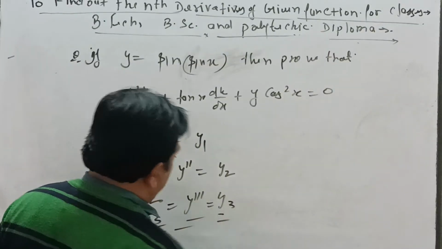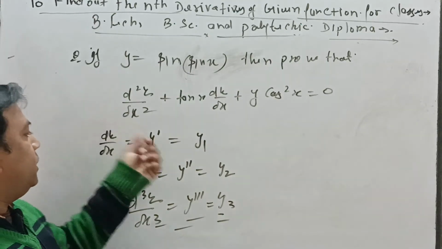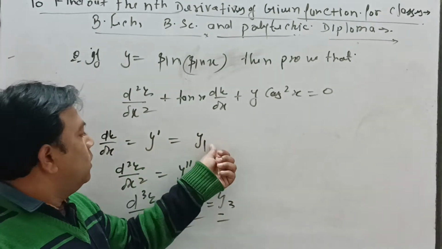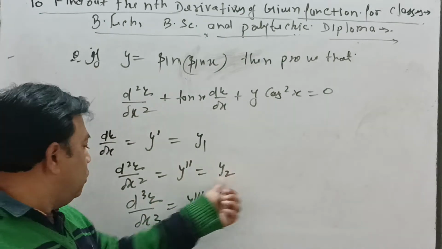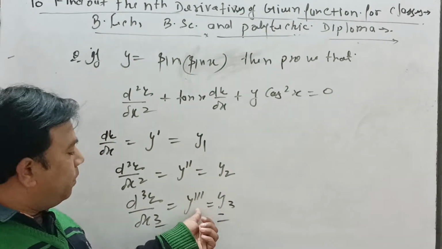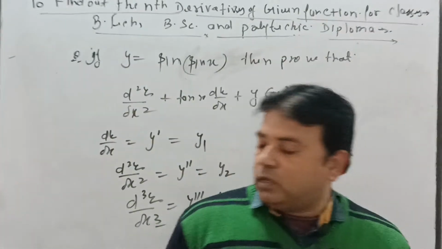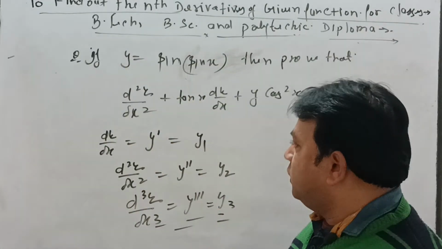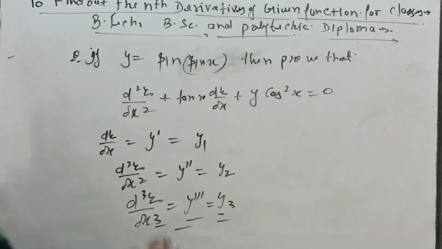The first derivative is represented by y dash or y1, the second by y double dash or y2, the third by y triple dash or y3, and so on for many times. So please make a note of the symbols. We will discuss this question.